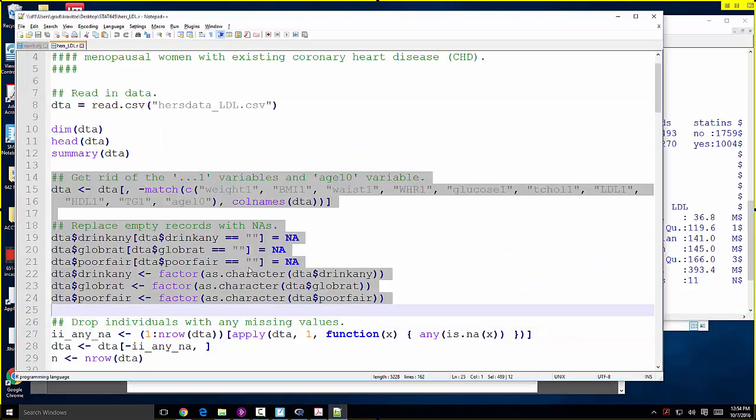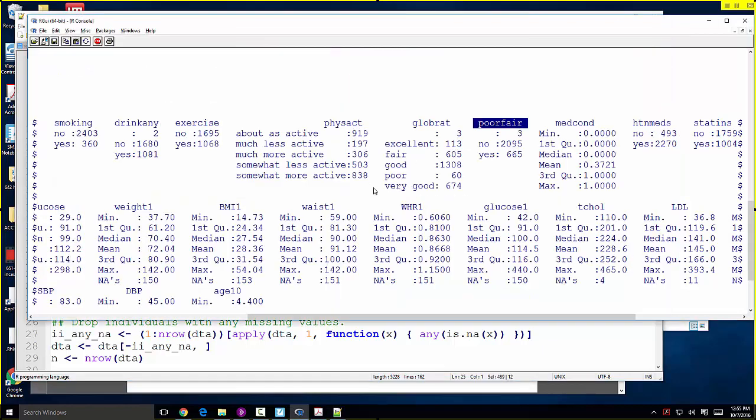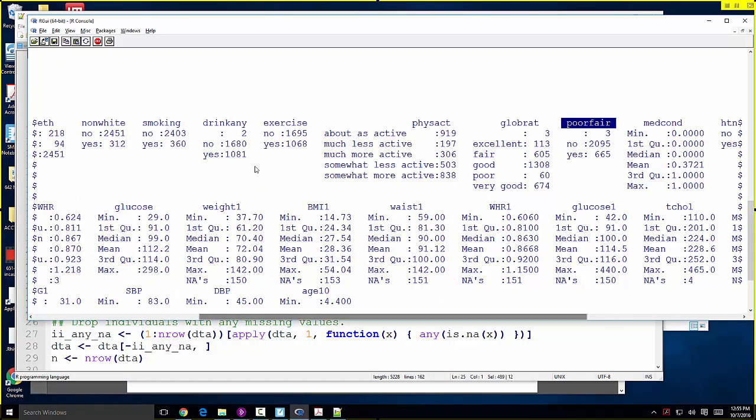So over here in the script, I have replace any empties with NA. And then what comes after that, this is new as of today, is for each of, like, drink any, as far as R is concerned, drink any is a factor with 3 levels. There's no, there's yes, and there's empty. And even after I replace the empties with NA, R still thinks of drink any as a factor with 3 levels.